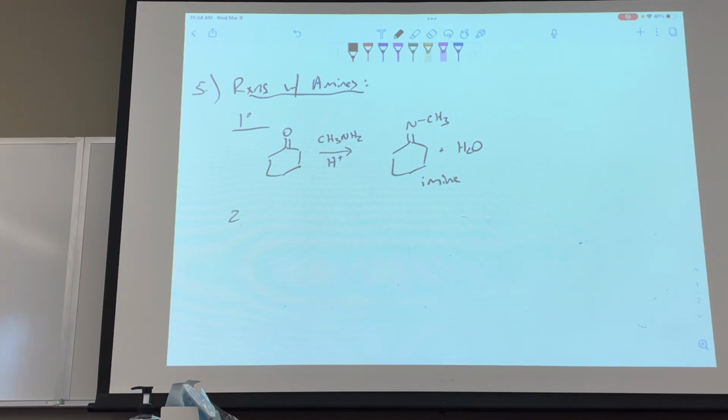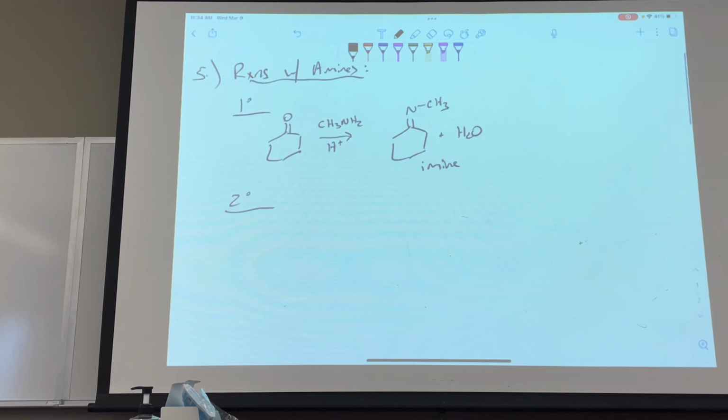Let's go ahead and look at what happens if we use a secondary amine. So with the secondary amines, I think I gave you the product already, but we didn't really go through how we got there. So if we were to use, say, diethylamine, this is a secondary amine.